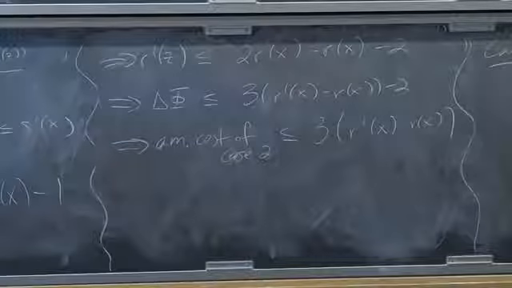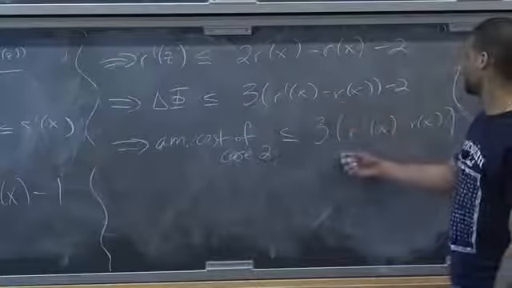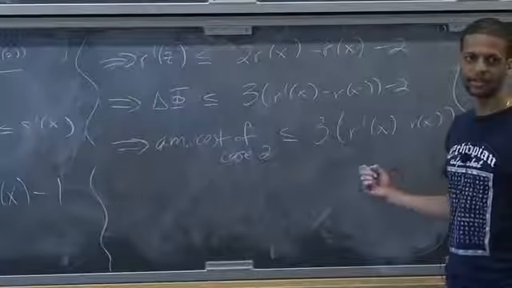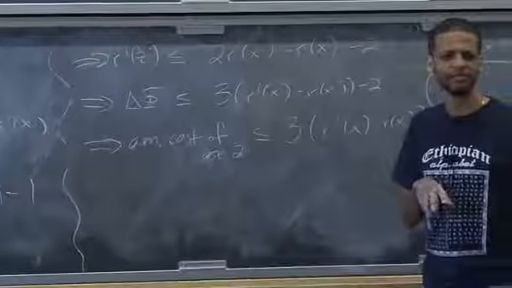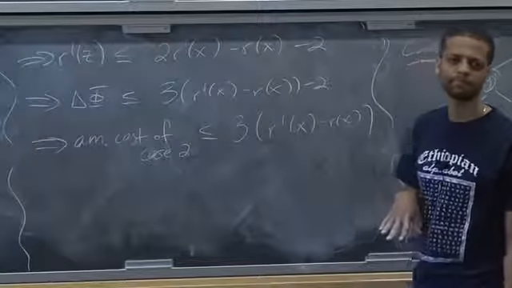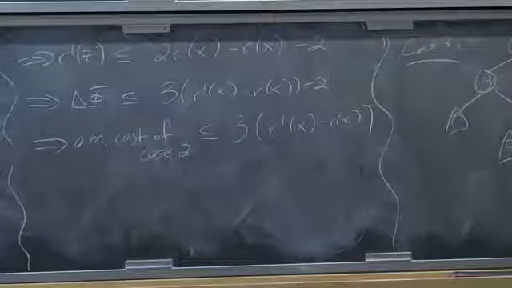Sorry, say it again? Why can't you just double it? Oh, so delta phi will not have any minus terms. At the end of the day, this telescopes all the way up to the root, and you pay r of the root minus r of x. I don't know if maybe I misunderstood your question. So the +1 comes from the actual cost being 1, but the delta phi won't have any minus terms?